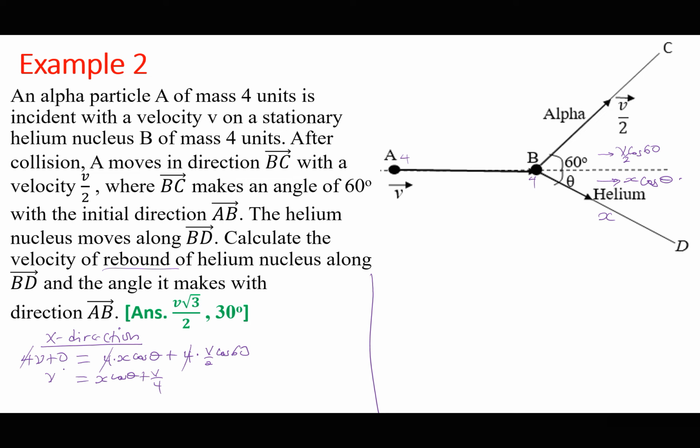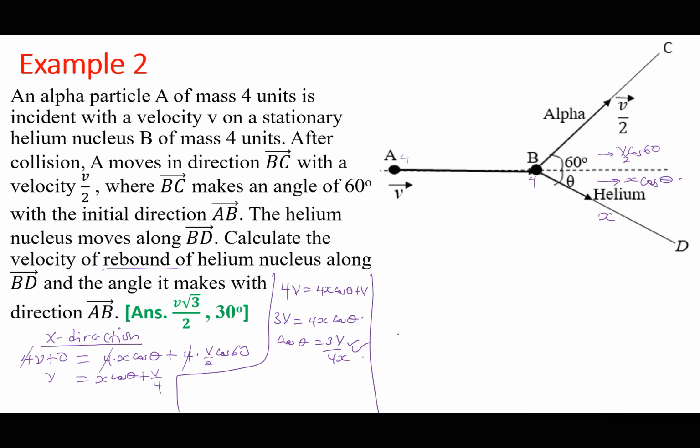If I multiply everything by 4, I have 4V equals 4x cos theta plus V. So this becomes 3V equals 4x cos of theta, or I can say that cos of theta equals 3V over 4x. Okay, so this is going to be one of the equations.